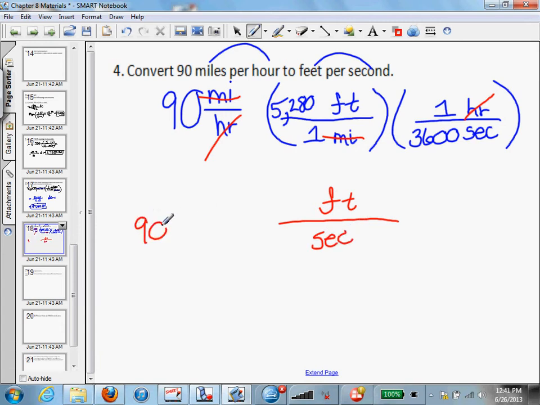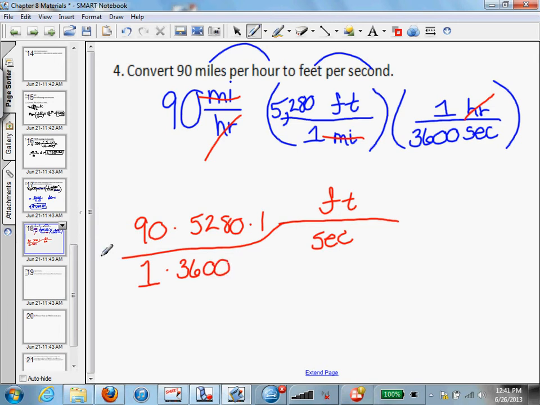So that's going to be 90 times 5,280 times 1 divided by 1 times 3,600.